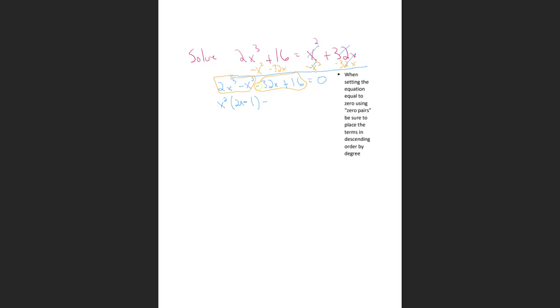So we also pick up that there was a 16 in common, because 16 does go into 32. So that's going to make this become a 2x, and the sign flips to a minus 1. And this does create a common binomial. So the 2x minus 1 becomes in common.